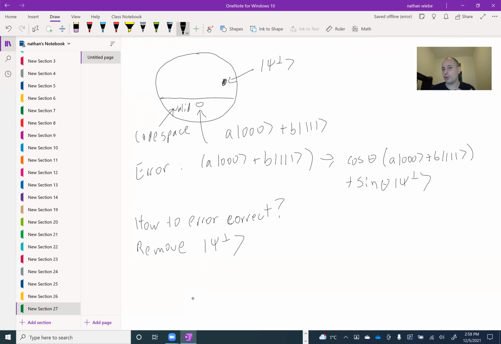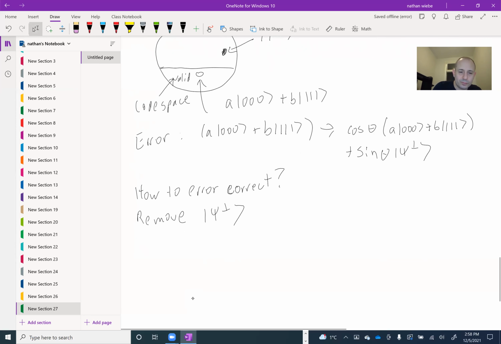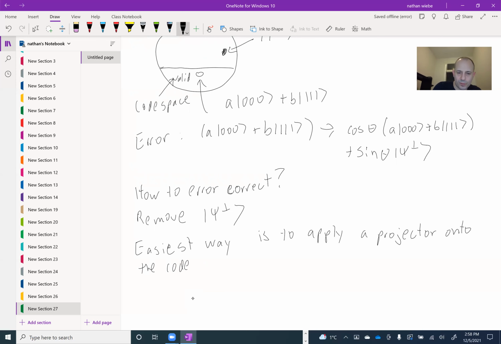So how do we remove this psi perp component? Well, the easiest way is to apply a projector onto the code space.